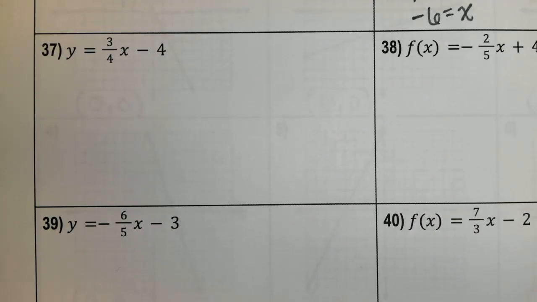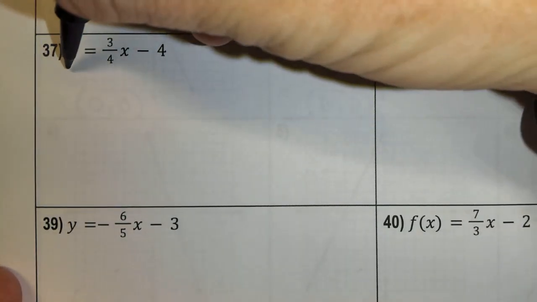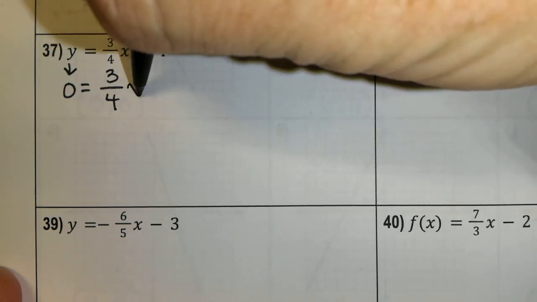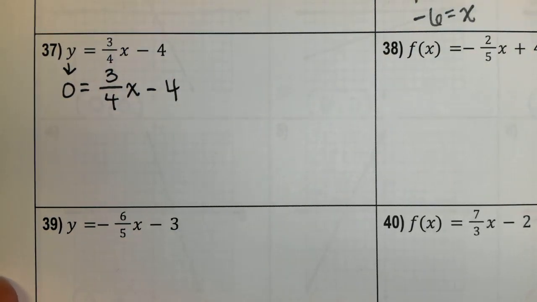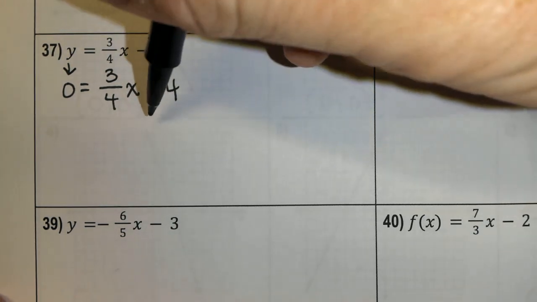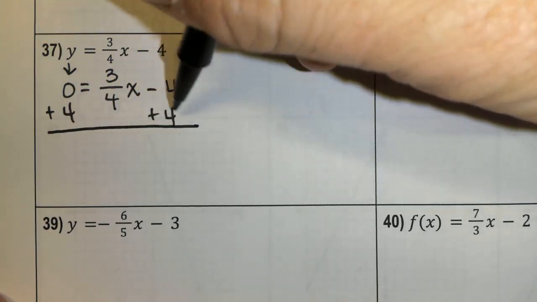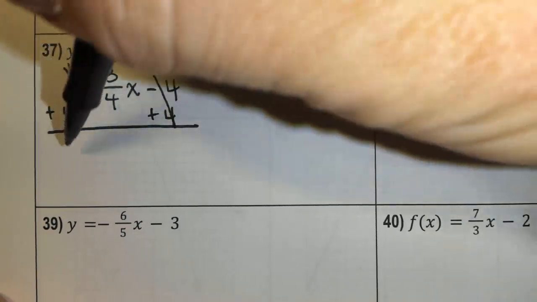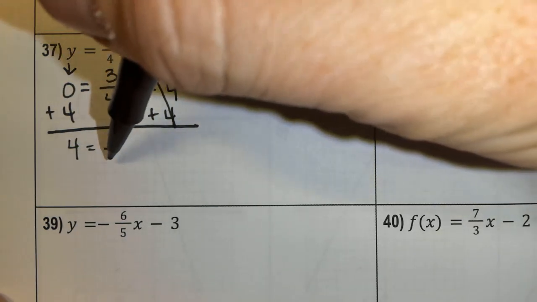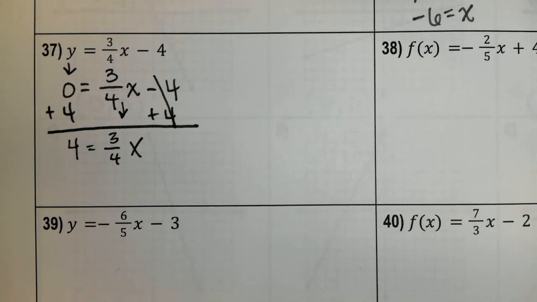37. I change y to 0. And move my number, divide by coefficient. My number becomes plus 4 because I don't want it anymore. 0 plus 4 is 4. Bring down my 3/4 x, and I want to divide by my coefficient.